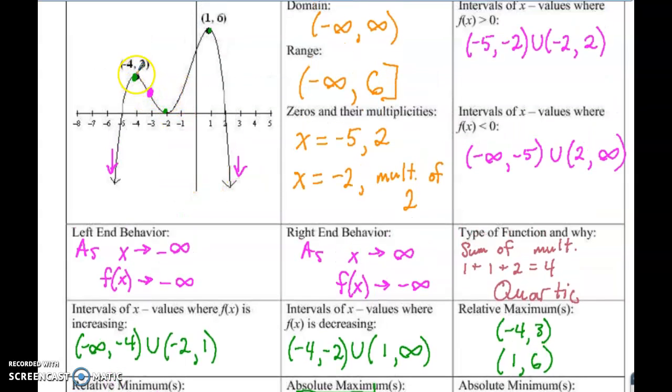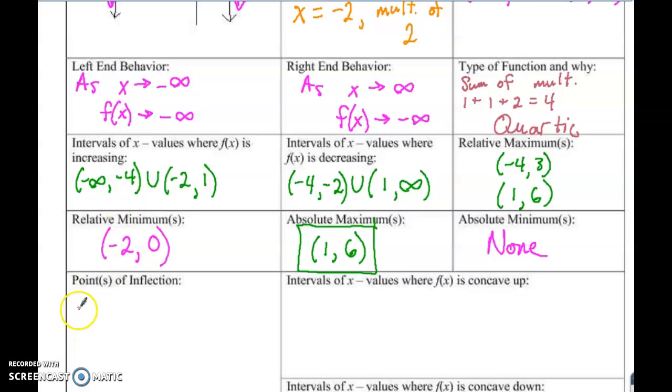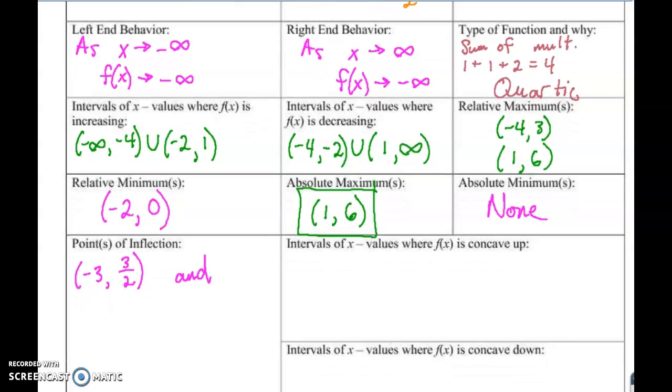So about halfway between -4, 3 and -2, 0, I would say it's -3, 1.5, or 3/2. And we have another point of inflection halfway between this, so about -1/2, 3.